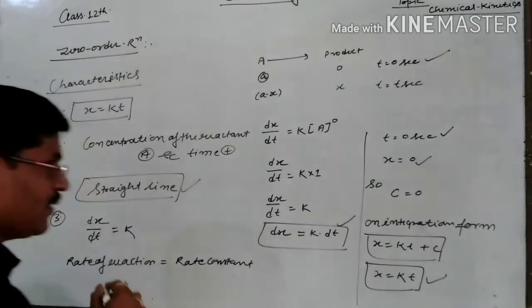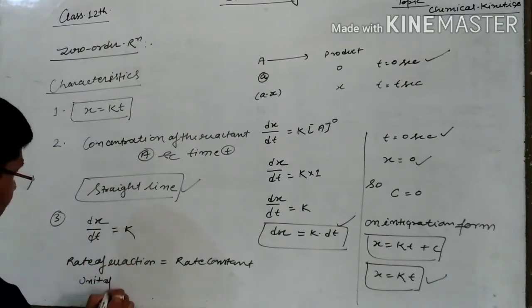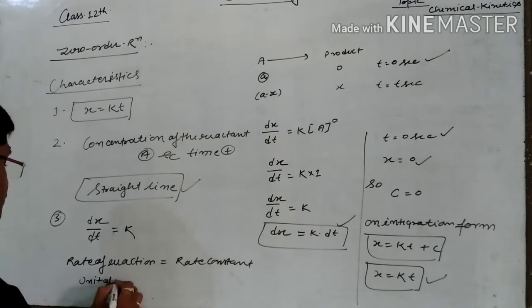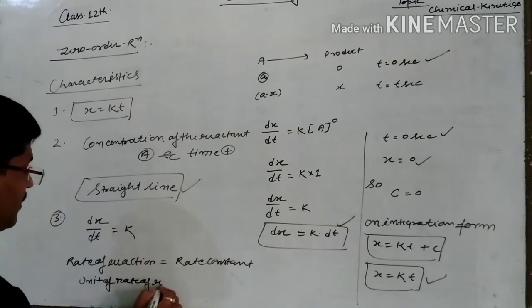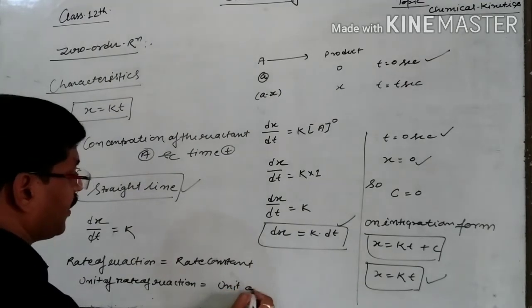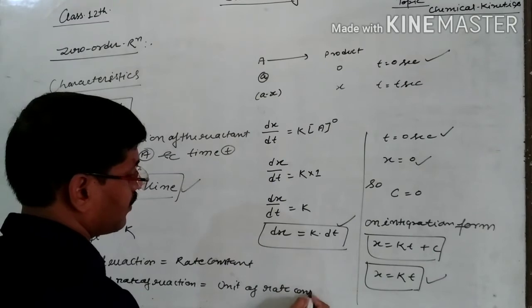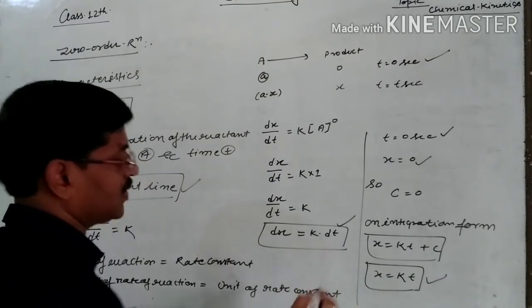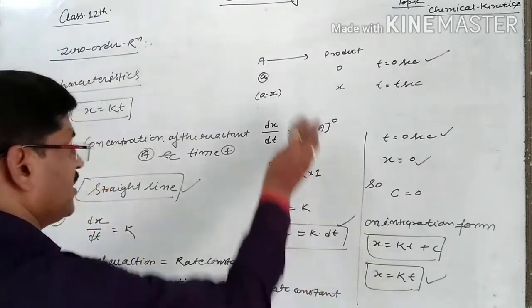So the unit of rate of reaction is also equal to the unit of rate constant. If you want to find it, you can find it.